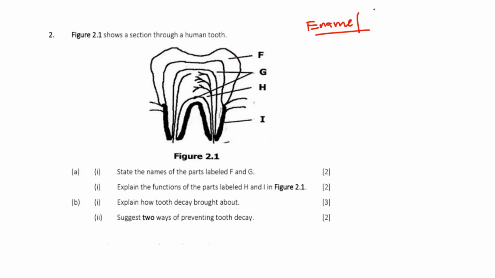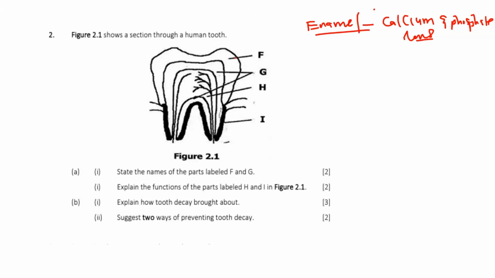Before we look at the function, let us look at the material it is made of. This one is made up of calcium and phosphate ions, or salts. Then one of the functions is that it prevents wearing away of teeth.